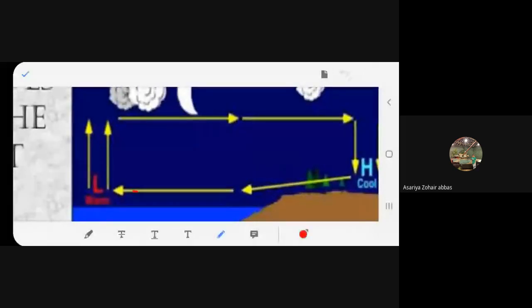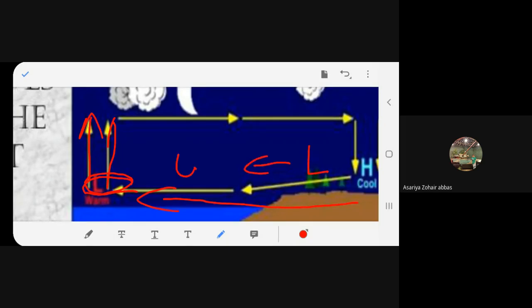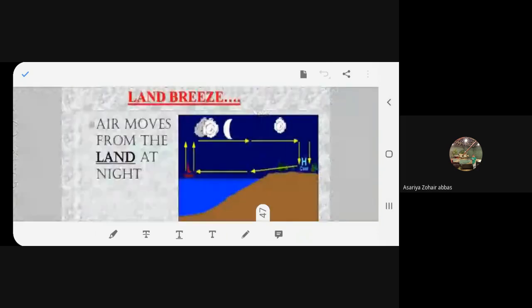The air is warm, it goes up. Right, beta? And the air from the land comes over here. So the movement is from land to water. Is it clear? Boys, is it clear?